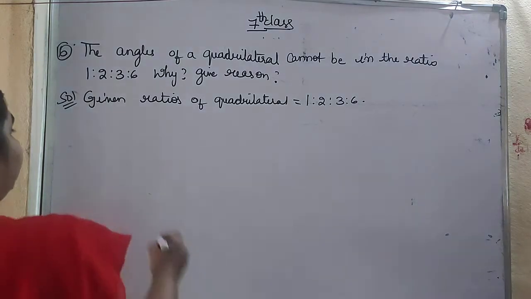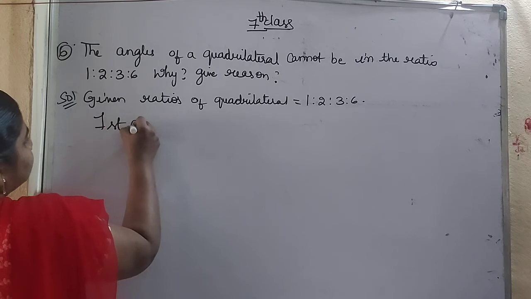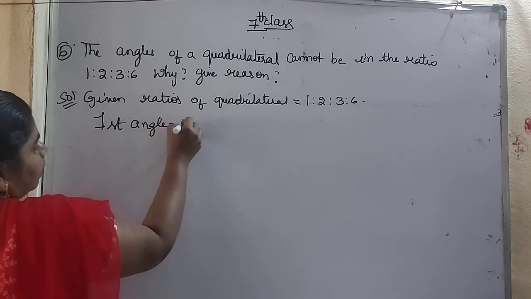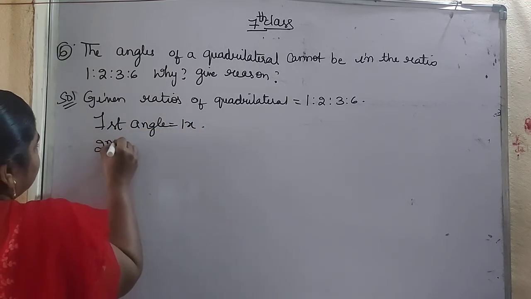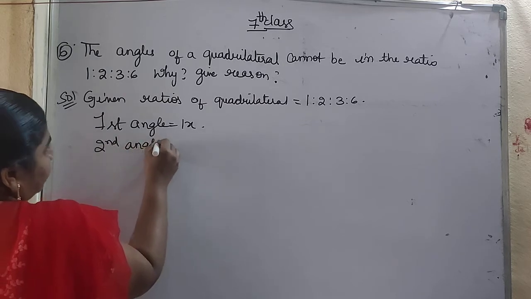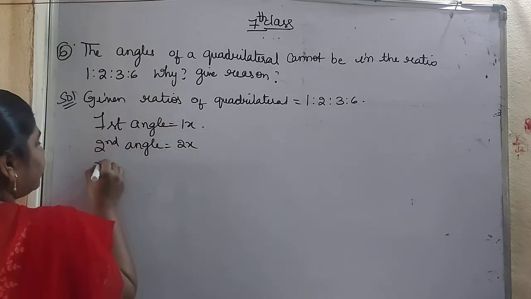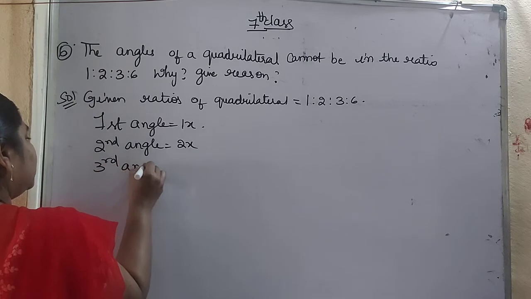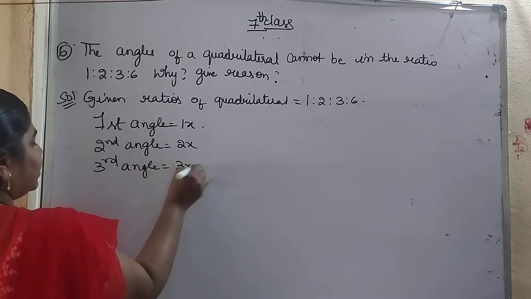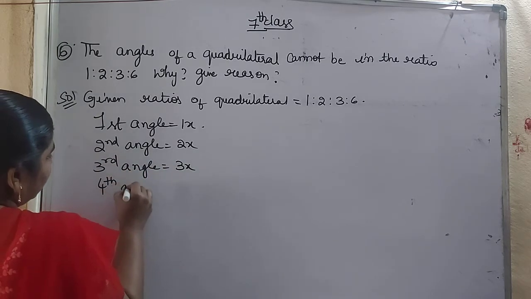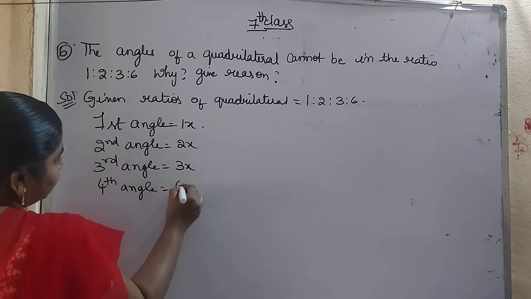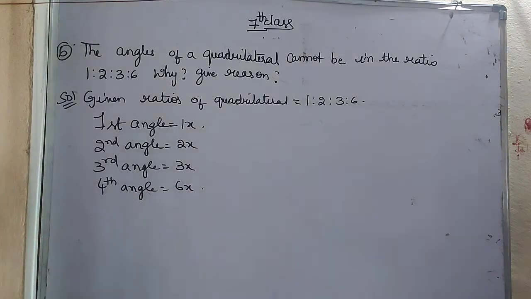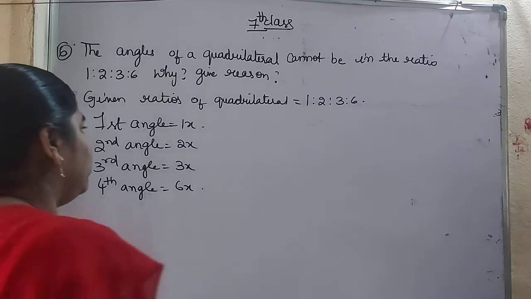So we can write the first angle as 1x, the second angle as 2x, the third angle as 3x, and the fourth angle is 6x. So why it will not form a quadrilateral, we will see.